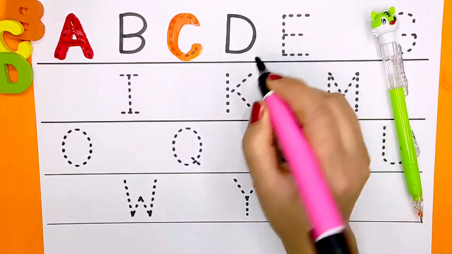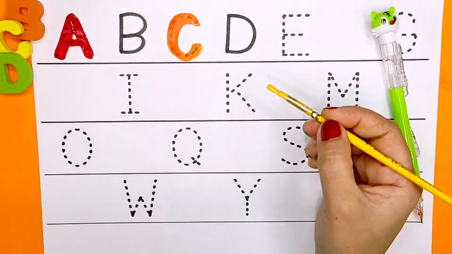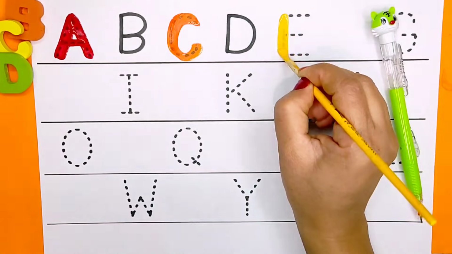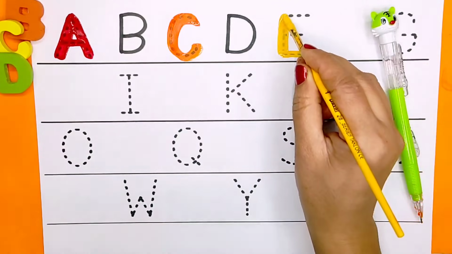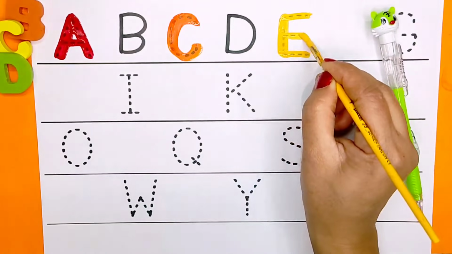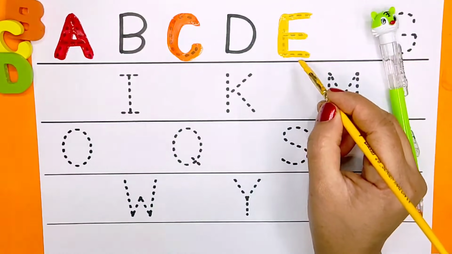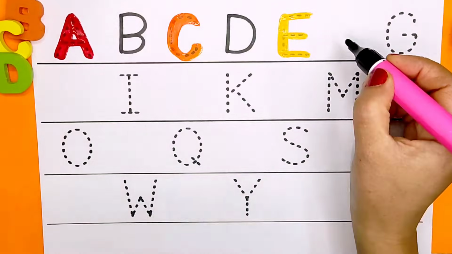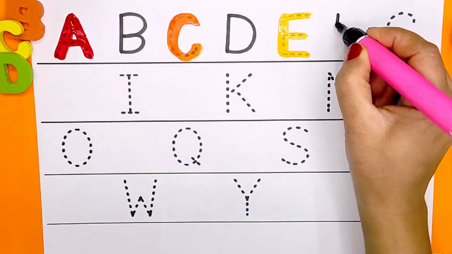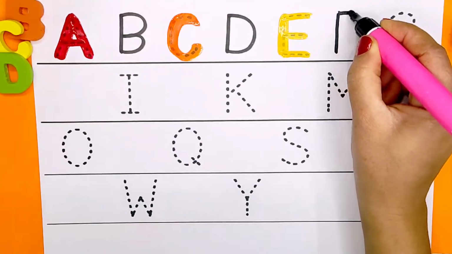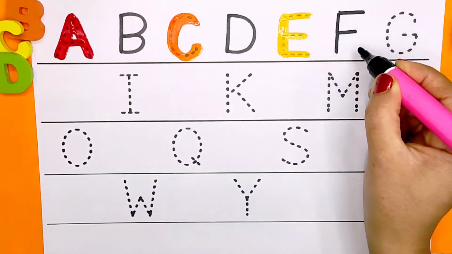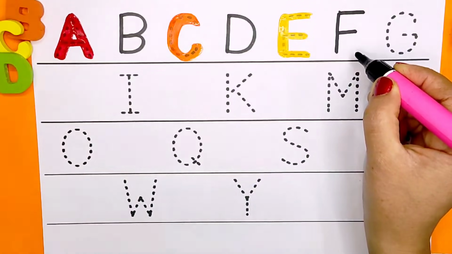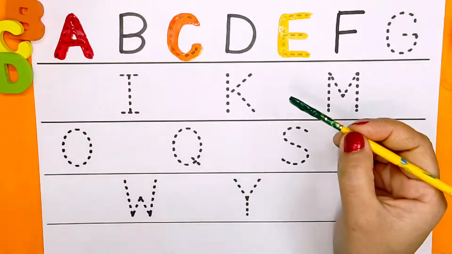D for dog, yellow color. E for egg, missing letter. F for fish, dark green color.